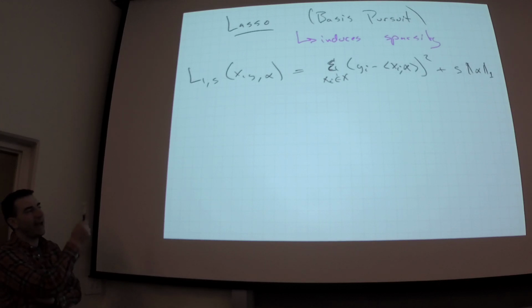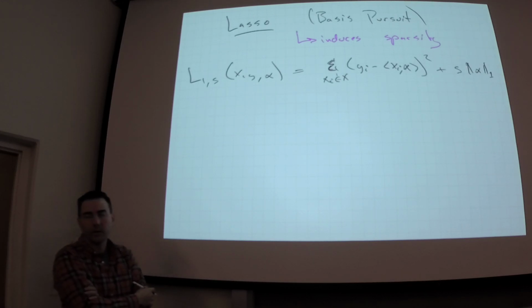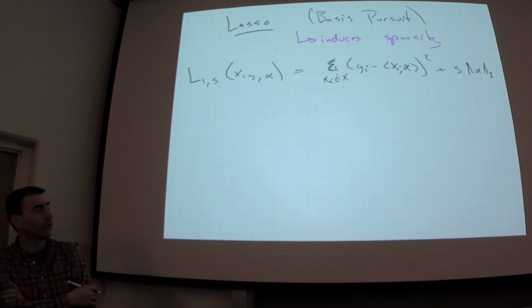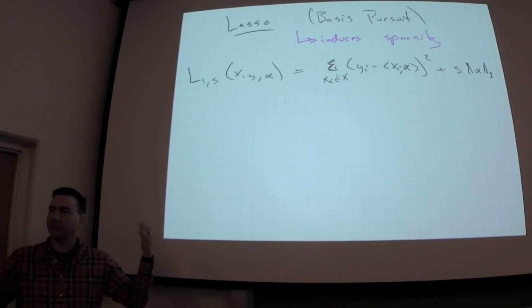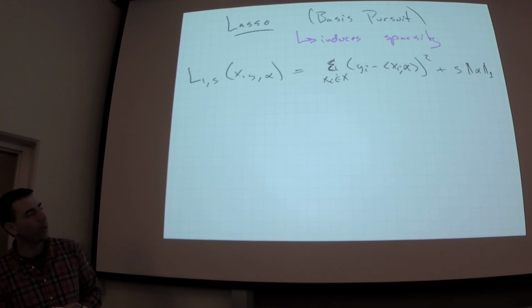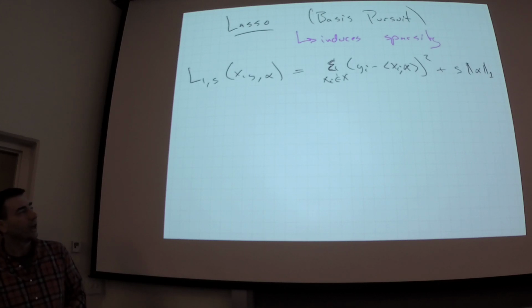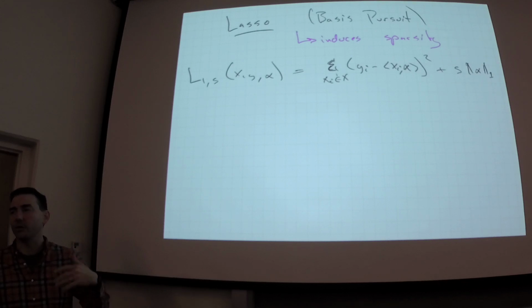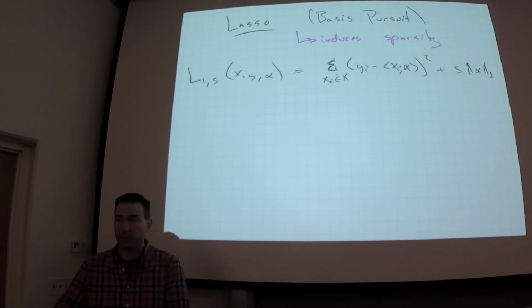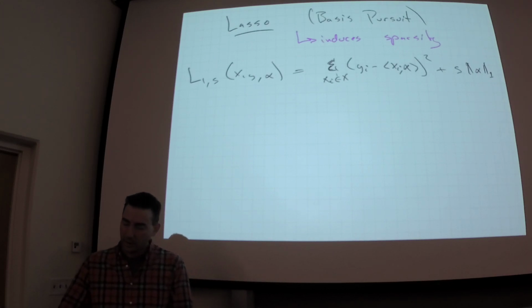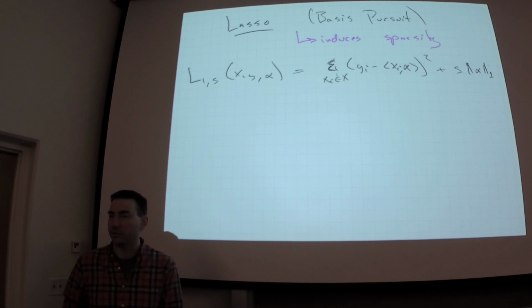But now this is going to be an L1 regularization term. Instead of the L2 I used before for ridge regression, which had a nice closed form solution, I'm making an L1 regularization. That means the sum of the absolute values of the coordinates is what I'm penalizing, instead of the standard L2 norm. This is what's called the Lasso formulation, and this change induces sparsity.